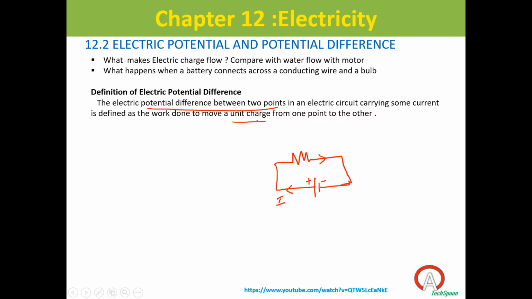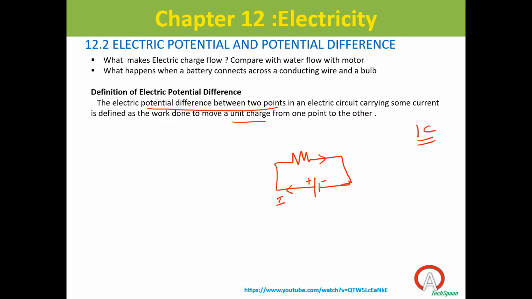Similarly, unit charge means what? What is the unit of charge? Coulomb. So the unit of time is second, and the unit of charge is coulomb. So unit charge means 1 coulomb.